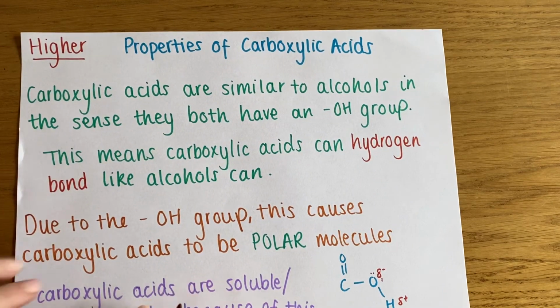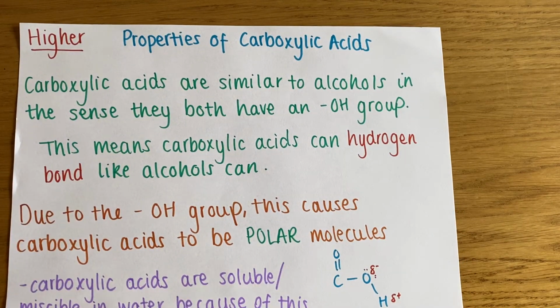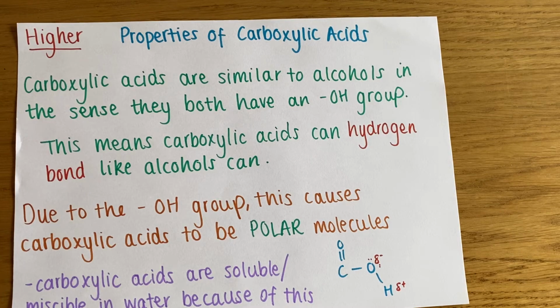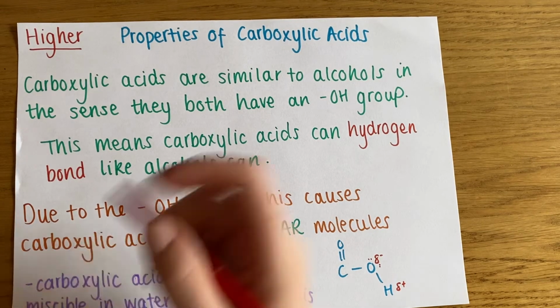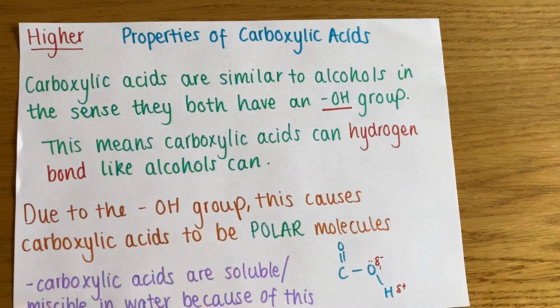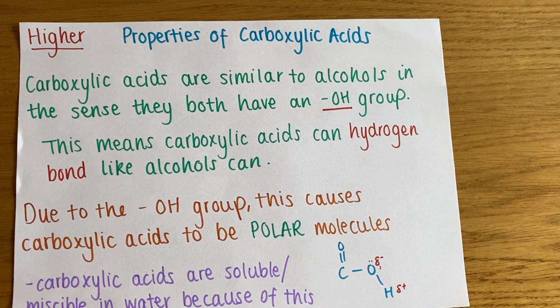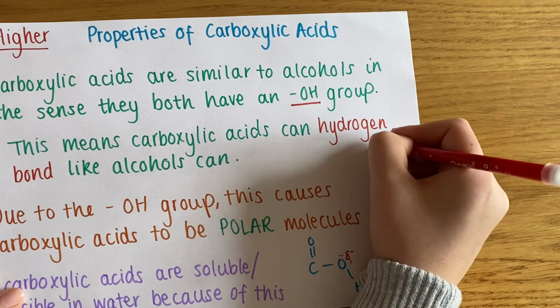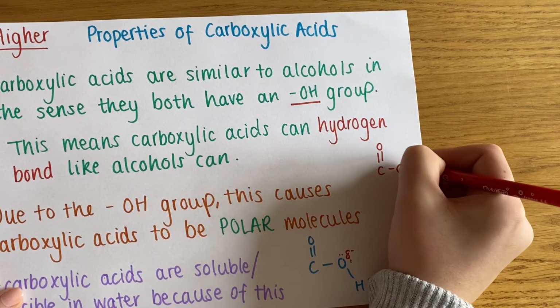Okay, so the properties of carboxylic acids are very similar to your alcohols. This is because they have the OH, the hydroxyl group, present on it also. Okay, although the overall functional group is the carboxyl, like that.